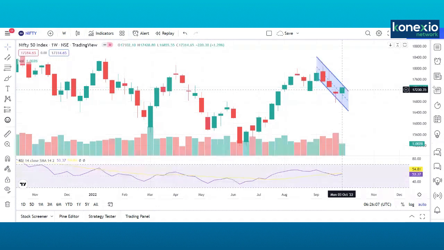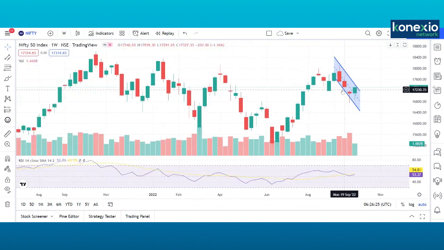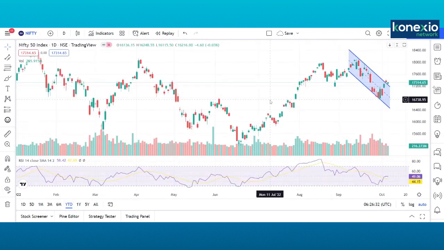So once Nifty crosses the Friday's high, I mean to say last week's high, which is 17,428, then we might see Nifty testing the levels of 18,100 in the next coming days or weeks. So definitely looking at this pattern, the trend seems to be quite positive.